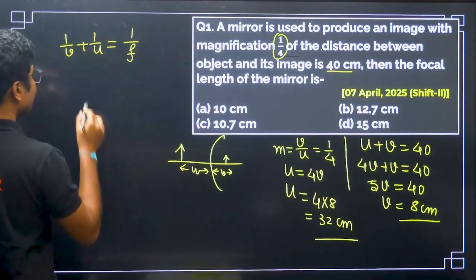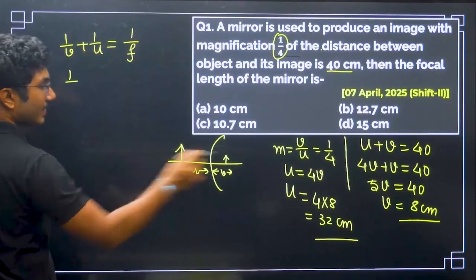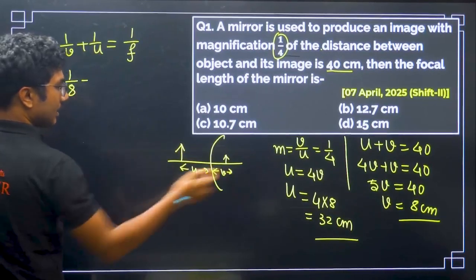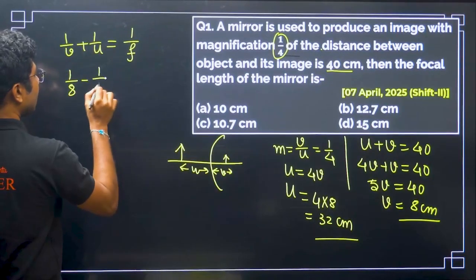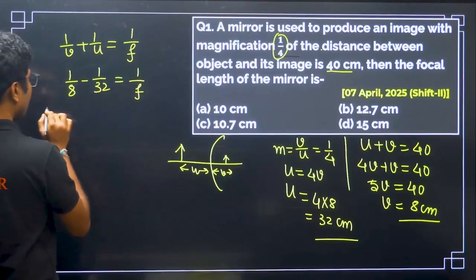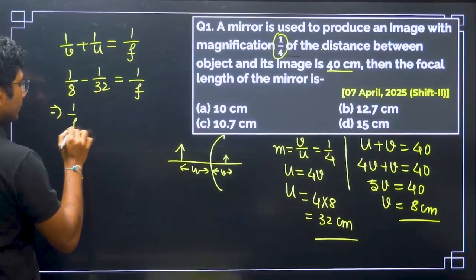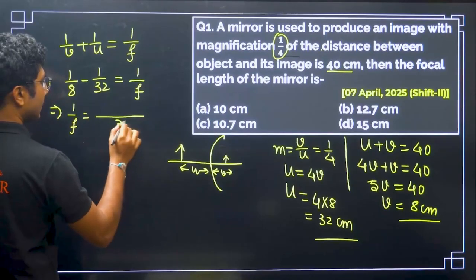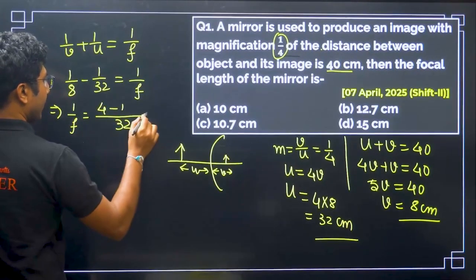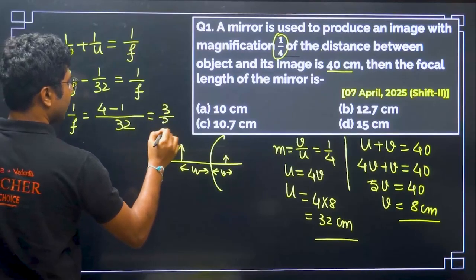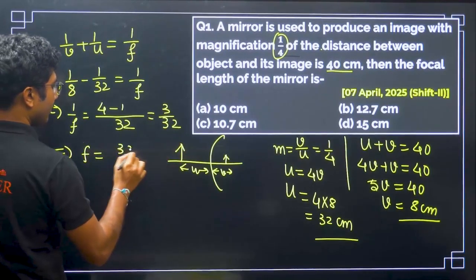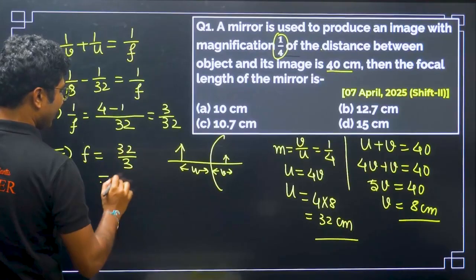Now here we have to use the sign convention. So V is 8, so 1 by 8 minus 1 by 32 equals 1 by F. As simple as that. So 1 by F equals, LCM is 32, 4 minus 1, that will be 3 by 32. So F equals 32 by 3, which will be 10 point something.